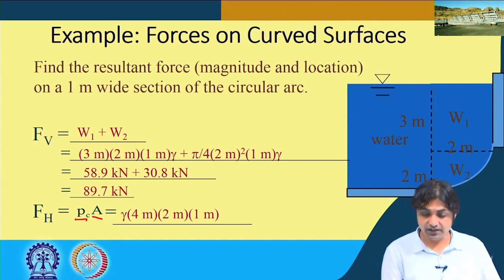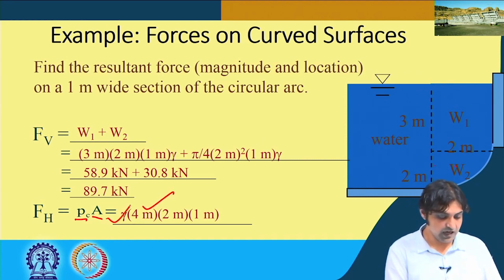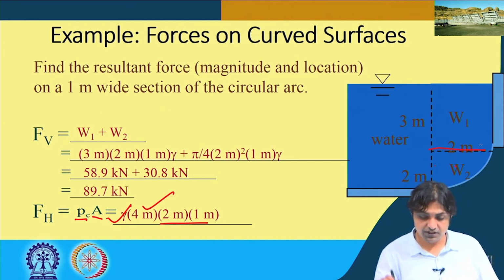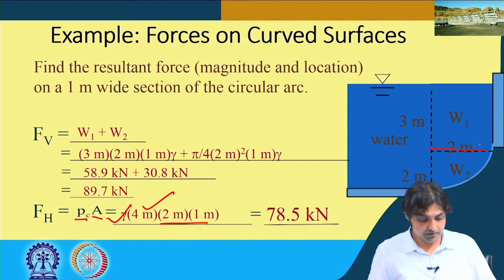So pressure at the centroid is, this is the centroid, right, 1 meter below. So 3 plus 1 is 4, gamma h is the pressure, and this is the area, 2 meter into 1 meter. Okay. So the horizontal force is going to be 78.5 kilonewton.